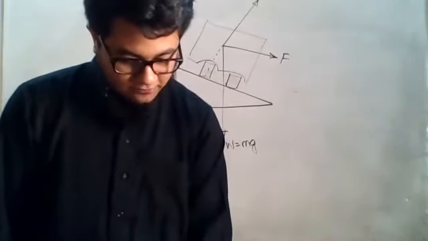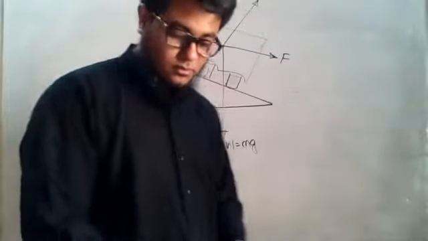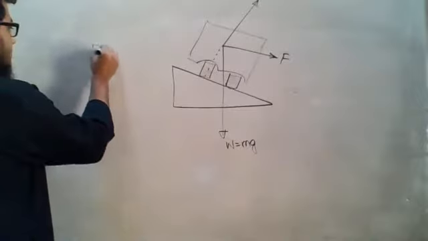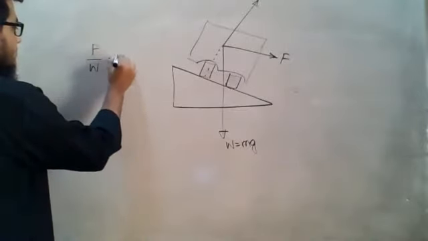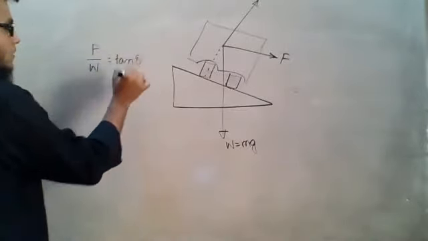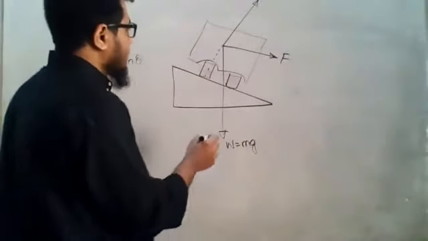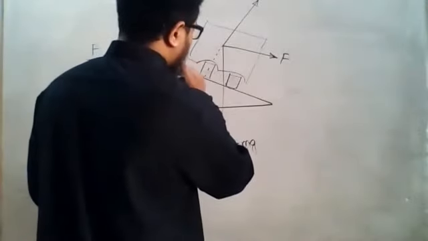Now, F by W is tan theta. We already know this, right? F by W is tan theta. From the figure also we can understand this.